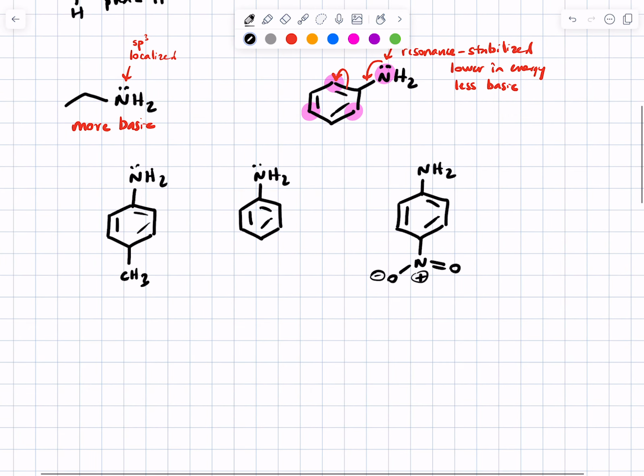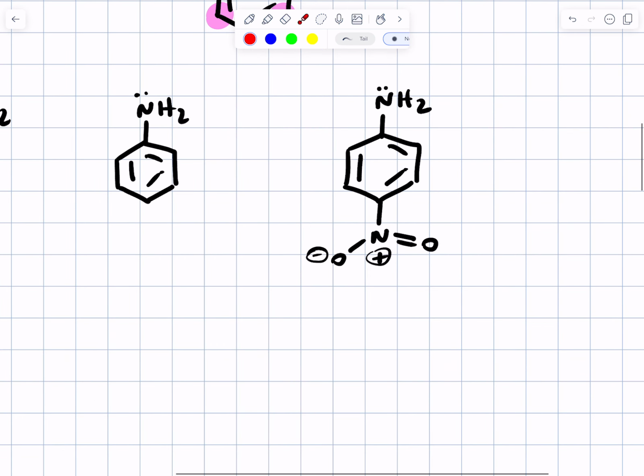What do you think the effect of the nitro group should be on the basicity of the aniline nitrogen? Should it make it more reactive or less reactive? Less, okay. Why? You know that the nitro is an electron withdrawing group. That means it can accept electron density from the benzene ring.